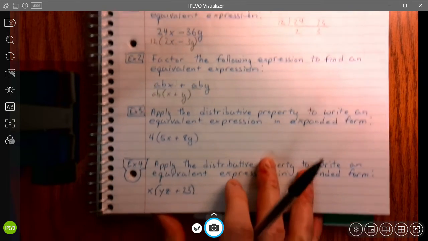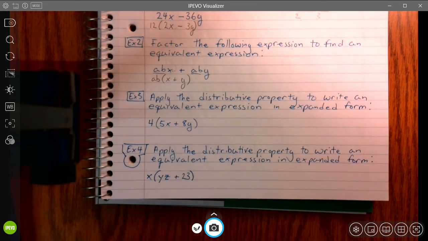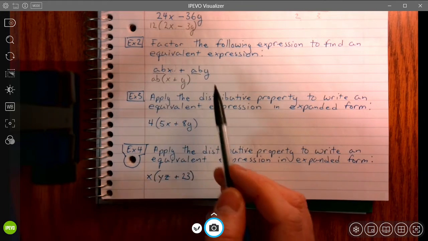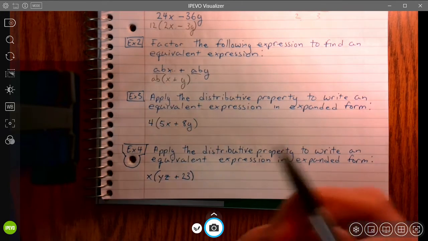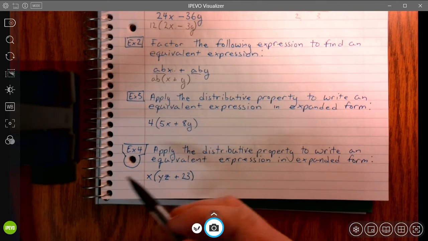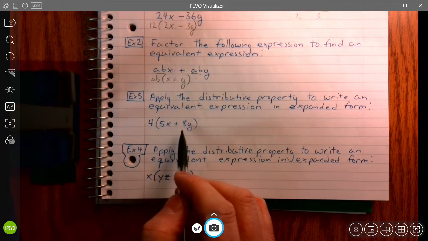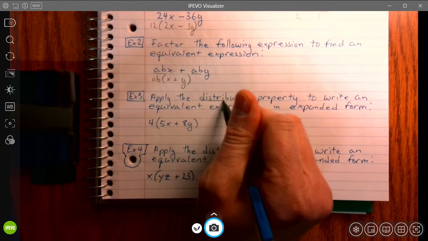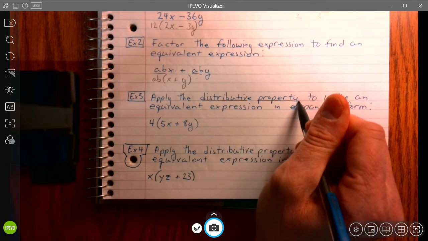All right, example number 3 says apply the distributive property to write an equivalent expression in expanded form. So before, when I was pulling things apart, well, now I'm going to mush them back together to write this expression in expanded form, okay? And I'm going to use the distributive property, okay?